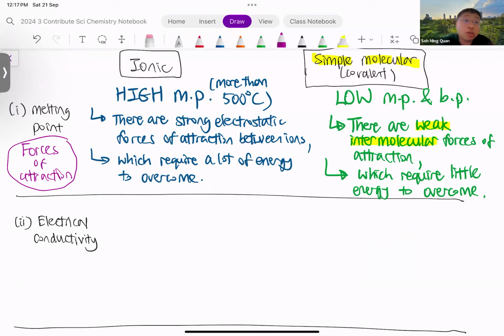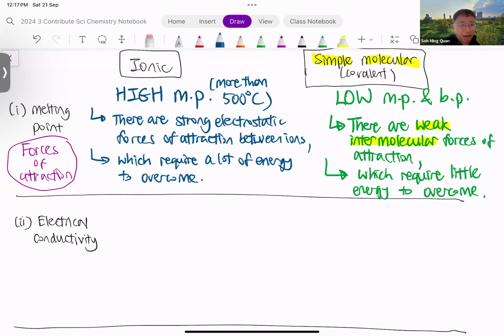Now, we will go on to conducting electricity or electrical conductivity. So, what does electricity really mean? If you think about Sec 2 science, you have learned electricity. You have learned that you connect a battery with wires to a light bulb, it lights up. The light bulb lights up because there's an electrical current. Electrical current is a flow of charge.